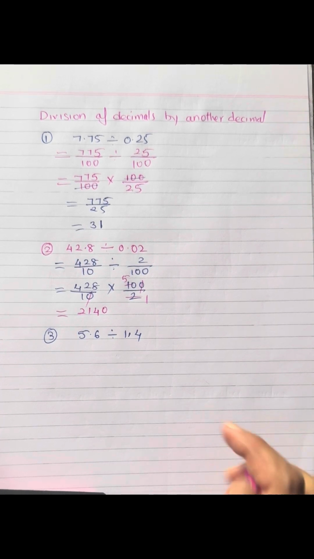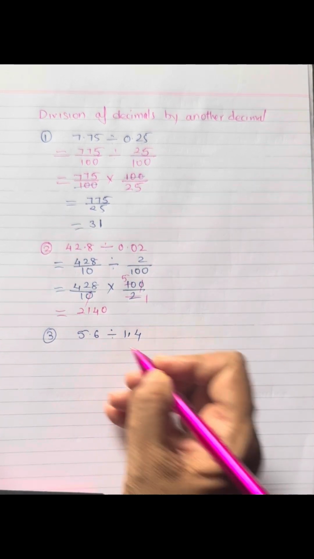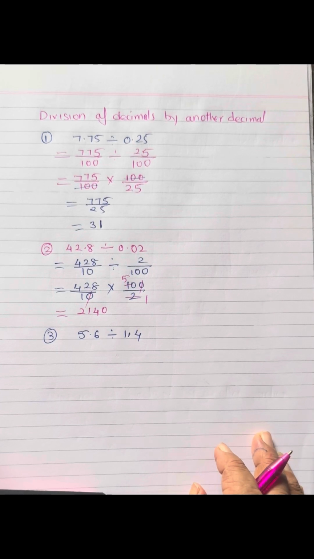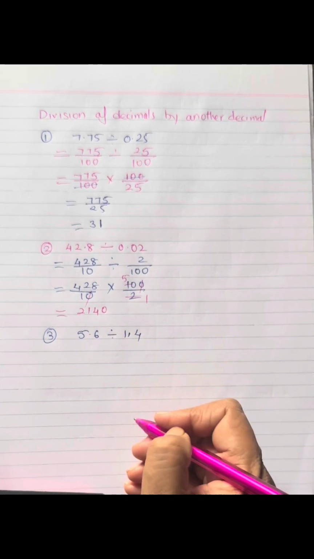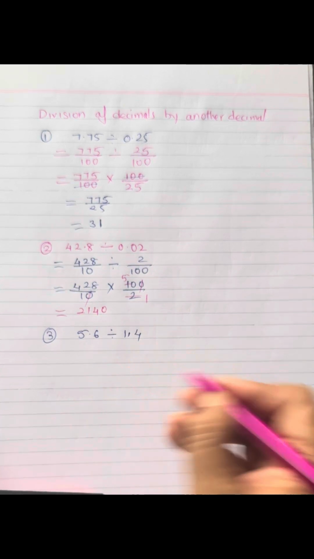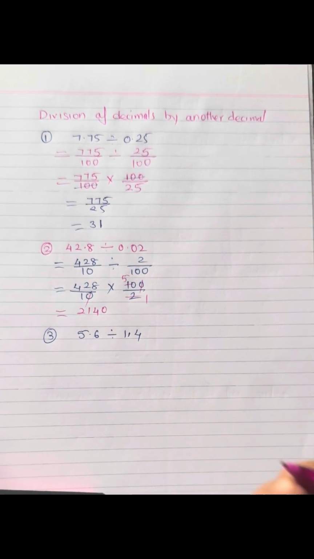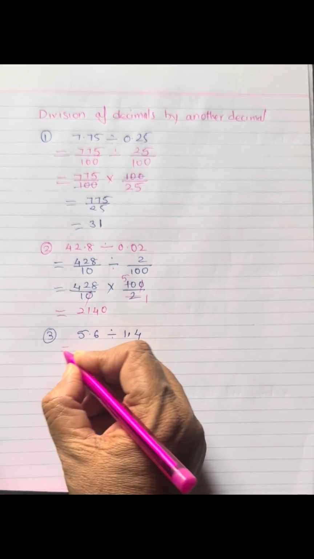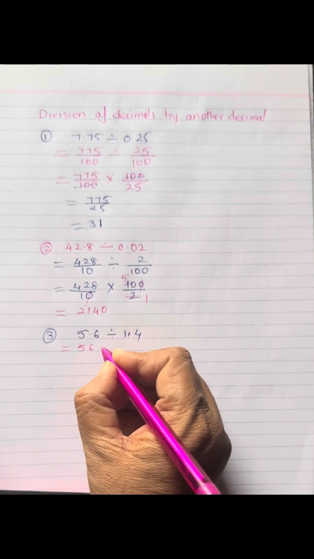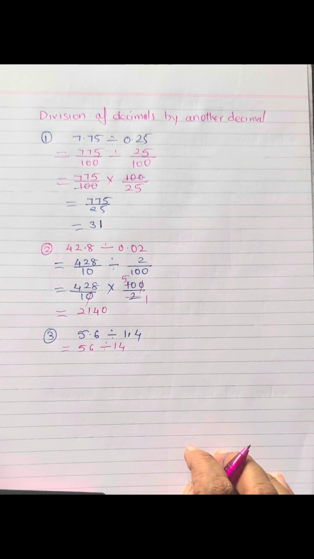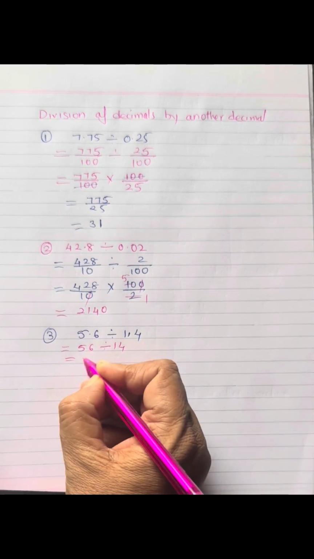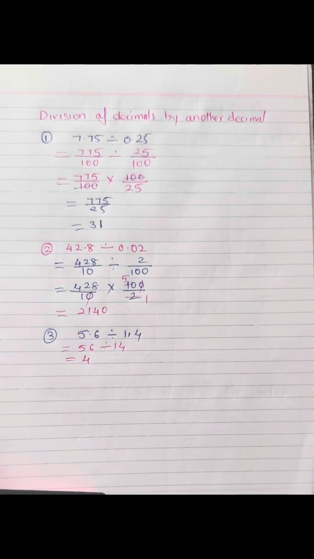Okay. They both are like decimals. Like decimals means after the point here also one digit, here also one digit. So whenever you get like decimals, you can just ignore the decimal. This becomes 56 divided by 14. And 56 divided by 14 is 4. 14 fours are 56, right? So you can get the answer directly.